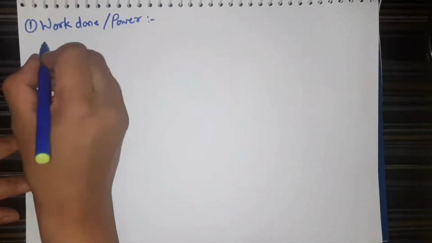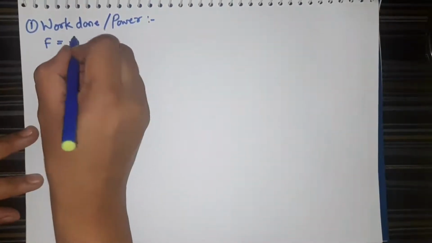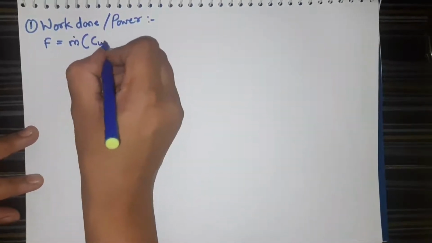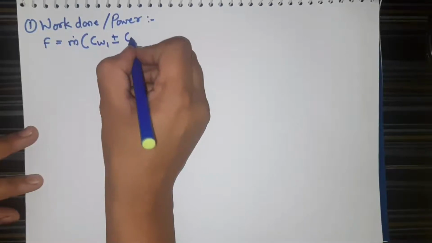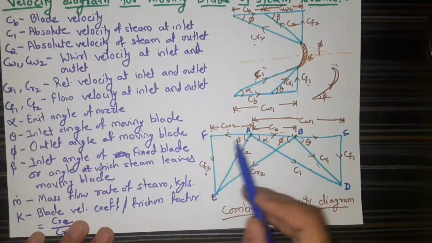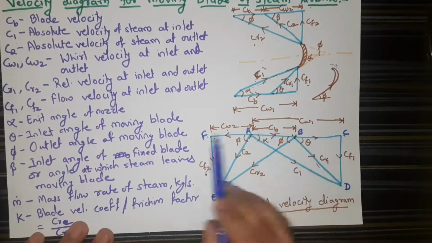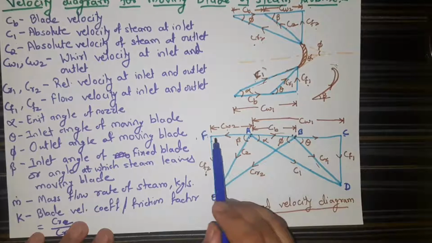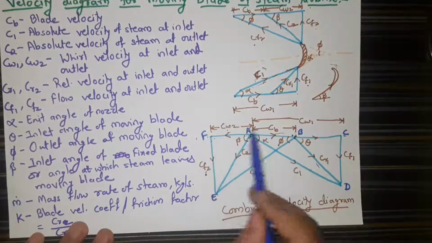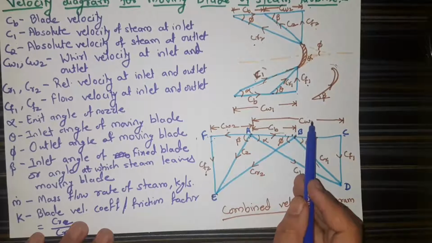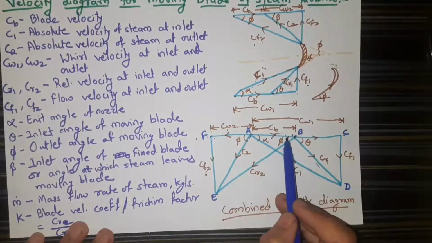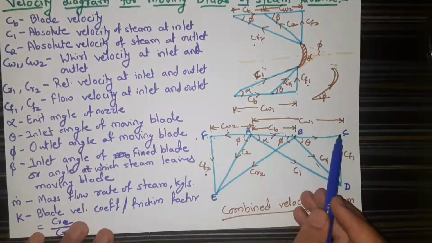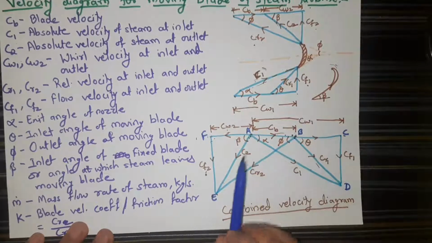So if we apply the impulse momentum principle, the force will be equal to m dot CW1 plus or minus CW2. From combined velocity triangle, we can see here F2C gives you CW1 plus CW2, or even if the direction of this CW2 changes, it will be on the another side, so it will give you CW1 minus CW2. So this F2C will be helpful to find the force.